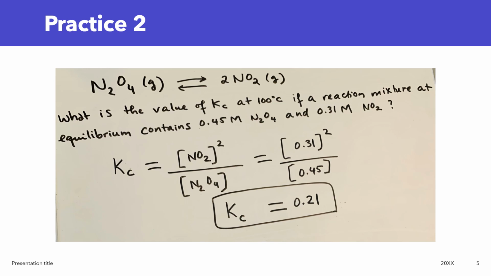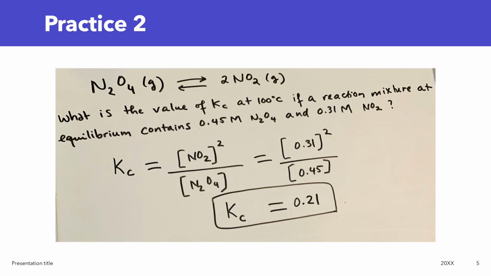So to calculate Kc, again, same formula. So concentration of all the products. So we have one product here, NO2, raised to the power of 2, because 2 is the coefficient in the chemical equation. And then divide by the concentration of all the reactants. So we have one reactant here, N2O4, raised to the power of 1, and you don't have to write the 1.